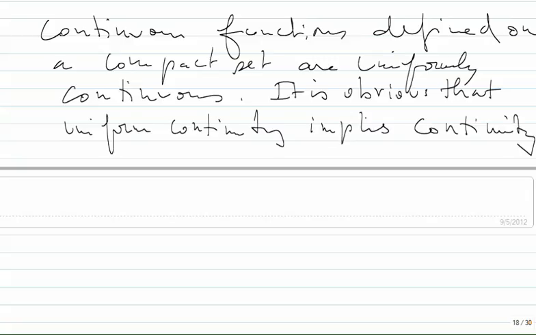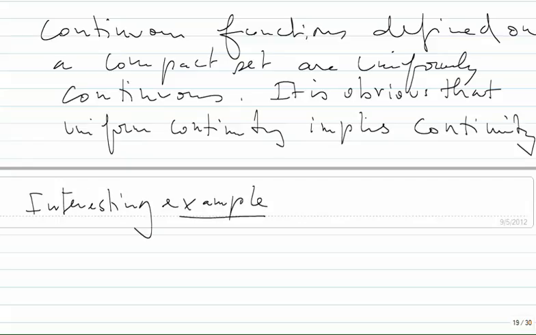Another interesting example of uniformly continuous functions are what we call Lipschitzian mappings or Lipschitzian functions.